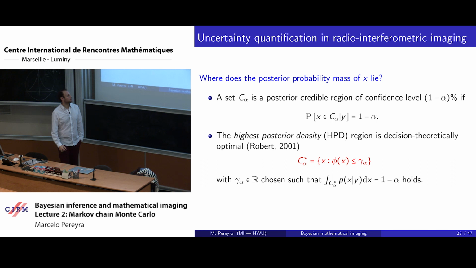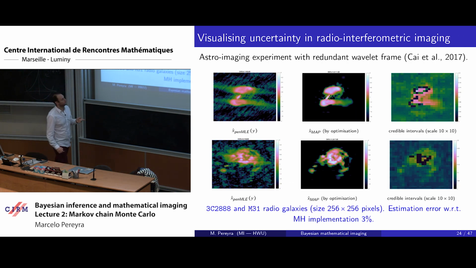Now, that gives you a set in a very high-dimensional space. How exactly you probe that set to get uncertainty is a different problem. We've done a few things that I'll talk about tomorrow. This is work with radio astronomers that are specialized in the imaging side, and one of the things they find really useful is to do this multi-resolution analysis.